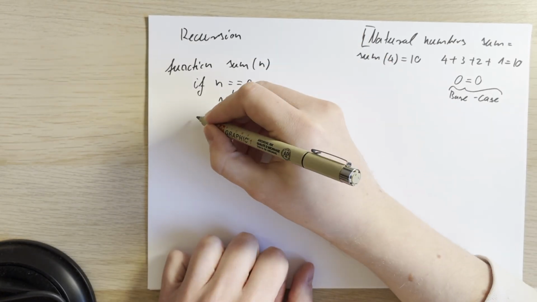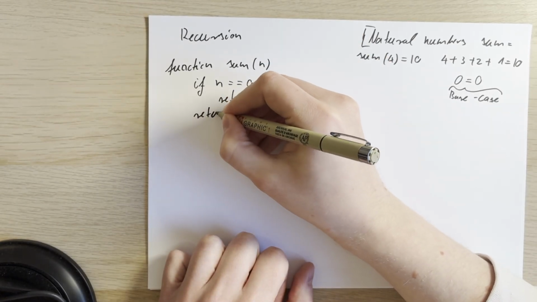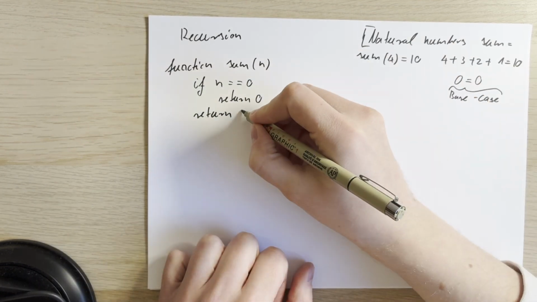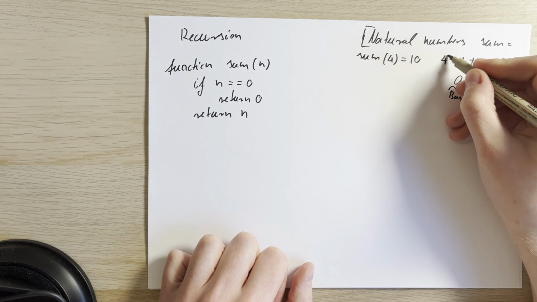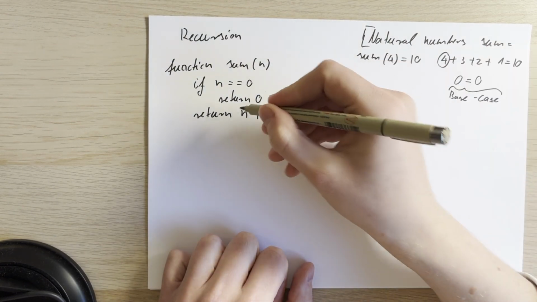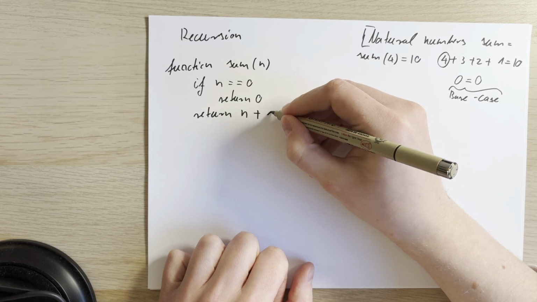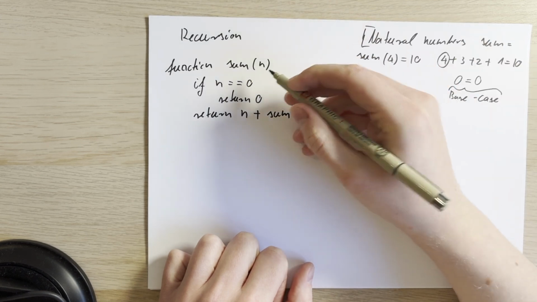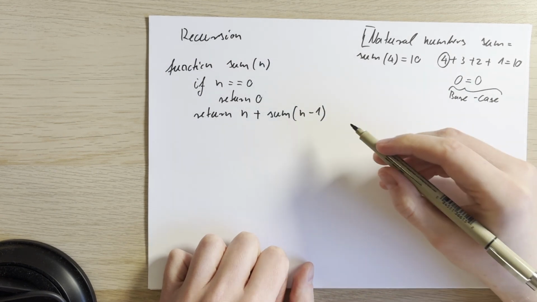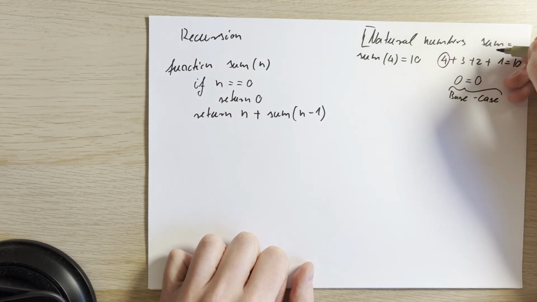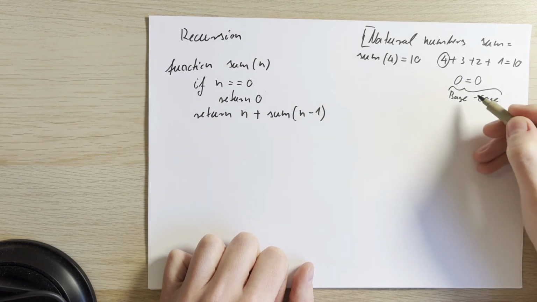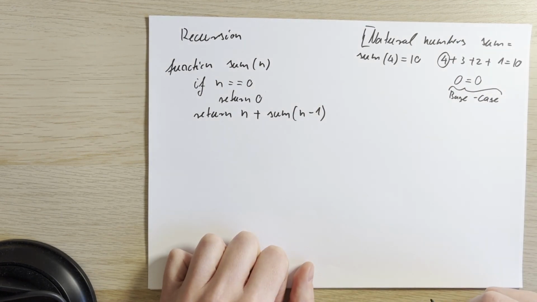So we're going to return n, for example 4, plus sum of n minus 1. We decrement n to get closer to the base case, and when we reach the base case, I will show what happens after that.